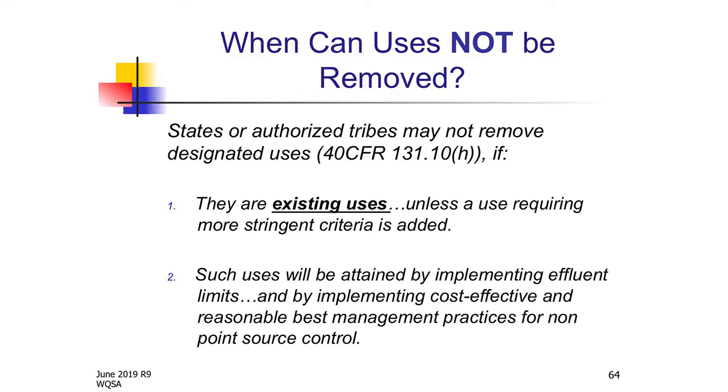So basically, if it's an existing use, you can't remove it. If it's technology-based limits, which are also in the Act, that are baseline requirements for certain industries, if you can project that they will achieve the use, or if reasonable best management practices can be used, and you can see that attains the use, that's another reason for not being able to remove the use.